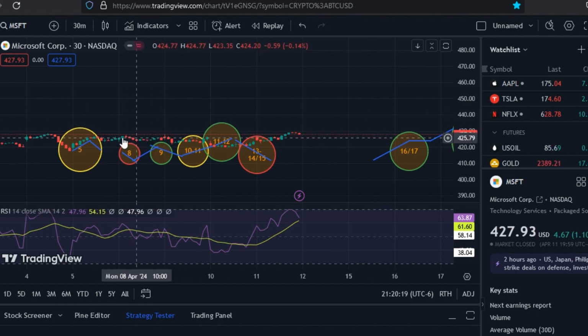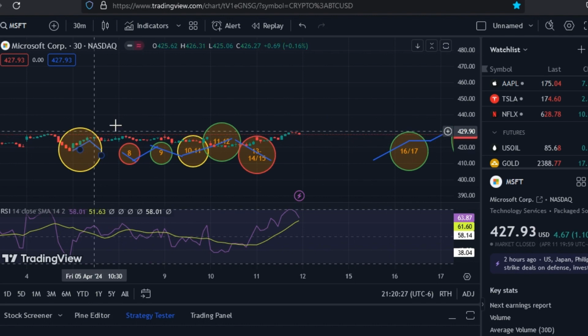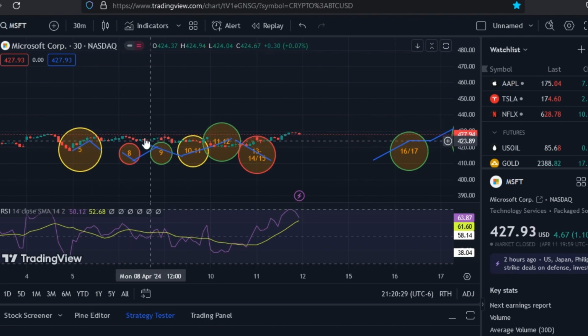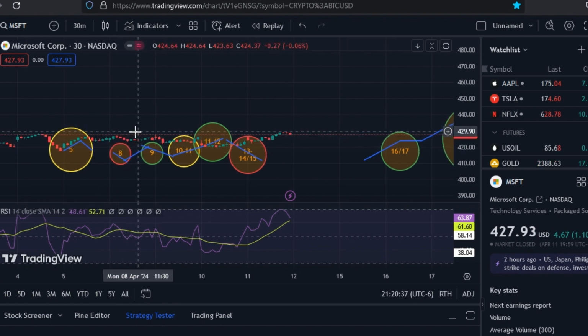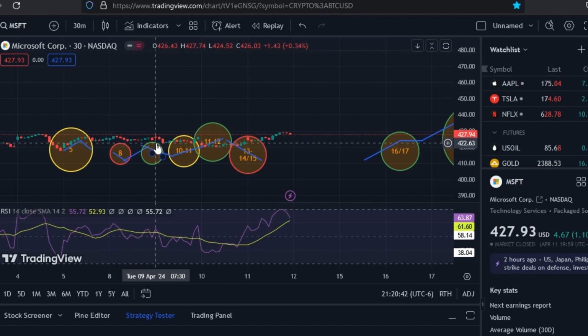Now let's see what happens the next day, April 9. This is where April 9 begins. It has an opening price of 426, and it ended right here with a closing price of 426, slightly above what the price opened.